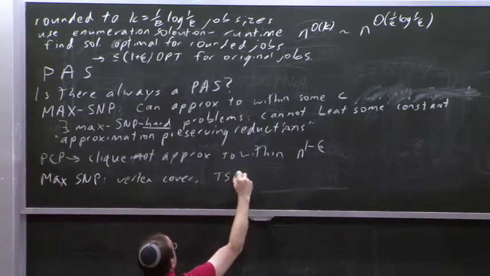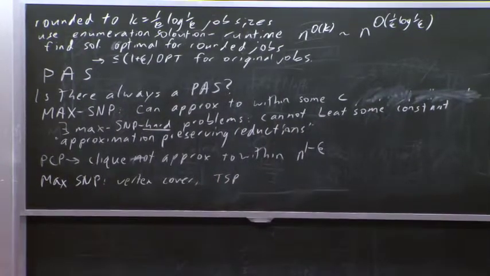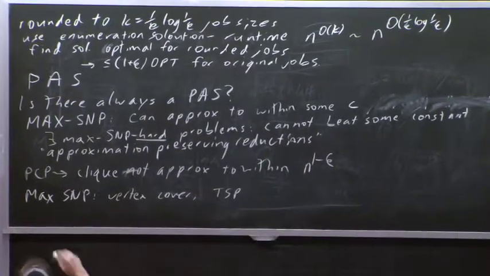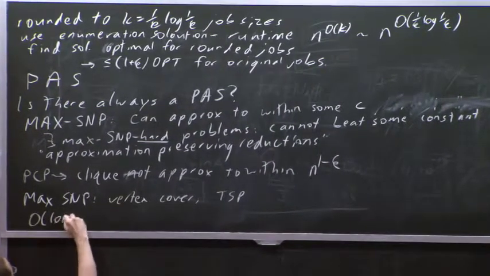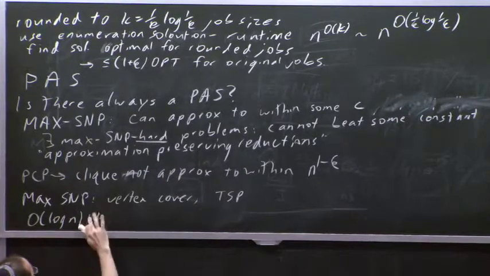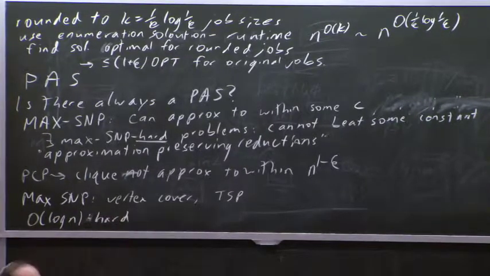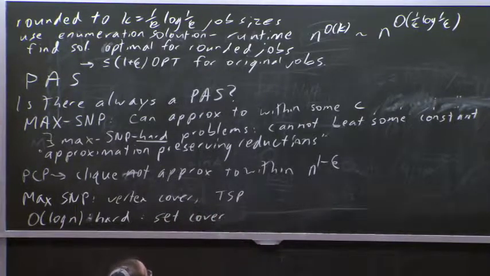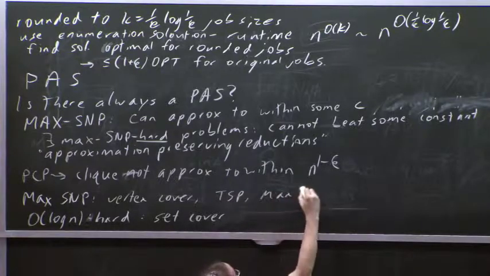Certain kinds of the traveling salesman problem fall into max SNP. Then there are problems which are order log n hard. You can approximate them to within a log n factor, but not better. Set cover is a canonical example of that one. Maximum satisfiability is another one.